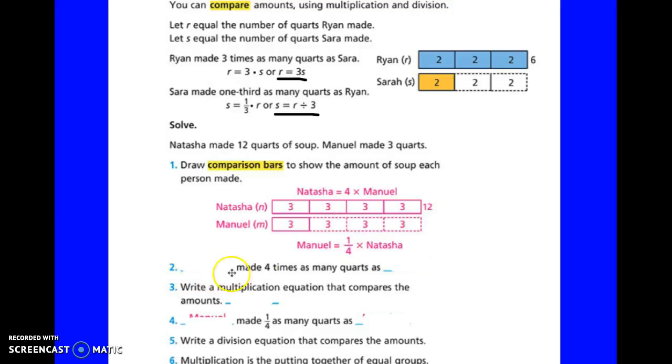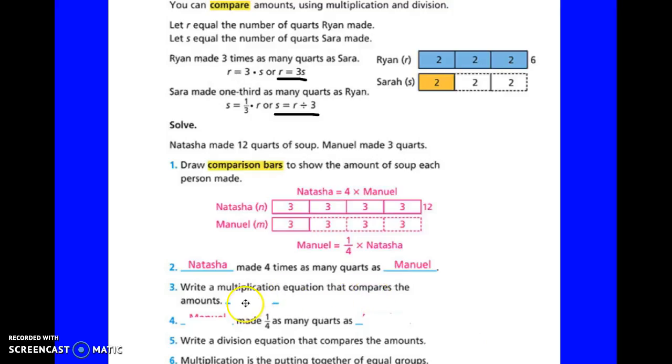It says blank made 4 times as many quarts as blank. So who made 4 times as many? Natasha made 4 times as many quarts as, you said Manuel? Great work. Write a multiplication equation that compares the amounts.